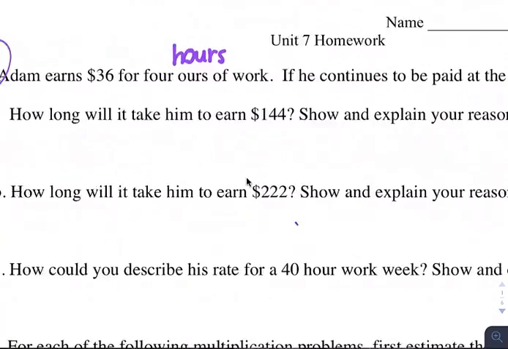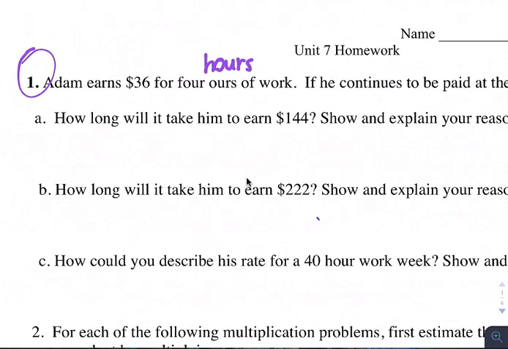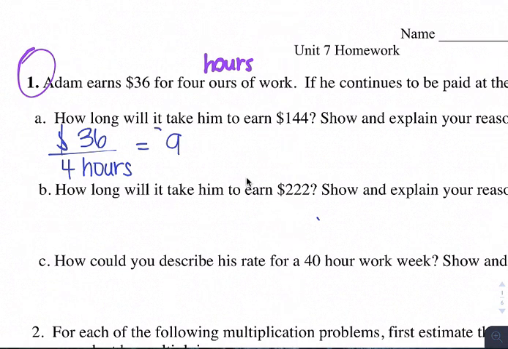So let's take a look. The rate he's getting paid at is $36 for every 4 hours. If we figured out how much he gets paid per hour, we would do 36 divided by 4, which is $9 per hour.